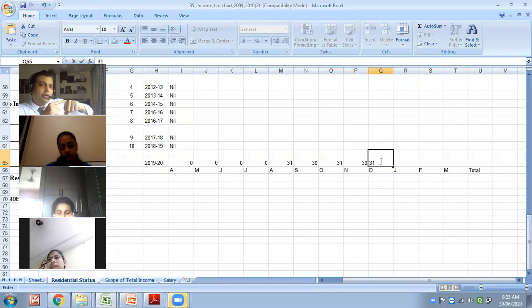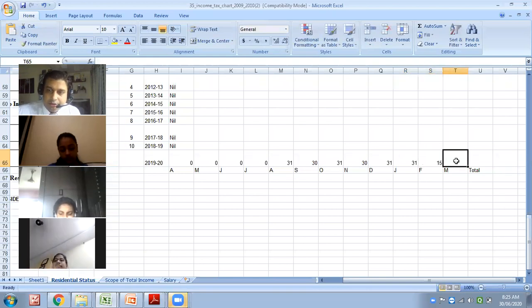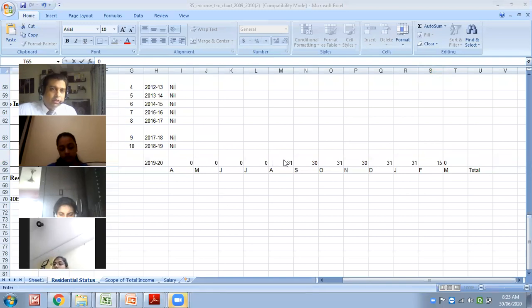Yes, you have to do what we studied in childhood: Jan, Feb, March, April, May, June, July, August. Accordingly we have to make it. Then Jan, 31 days, and Feb, 15 days, March, 0 day. Understood? So here we need to find out literally how many days he was there in India.